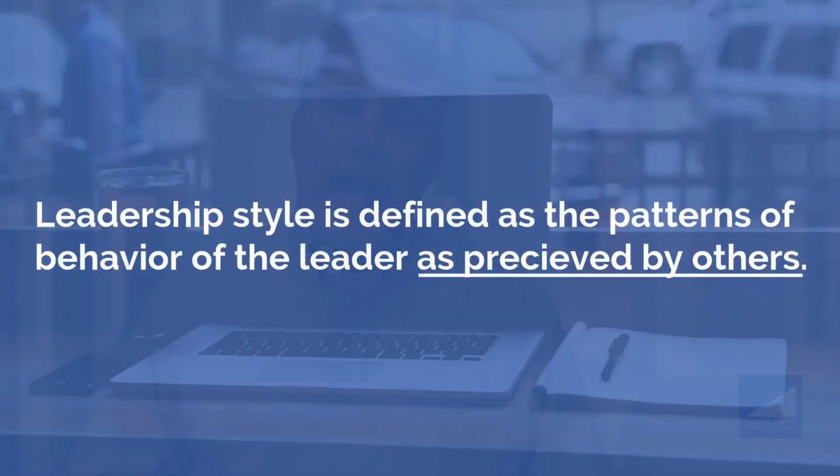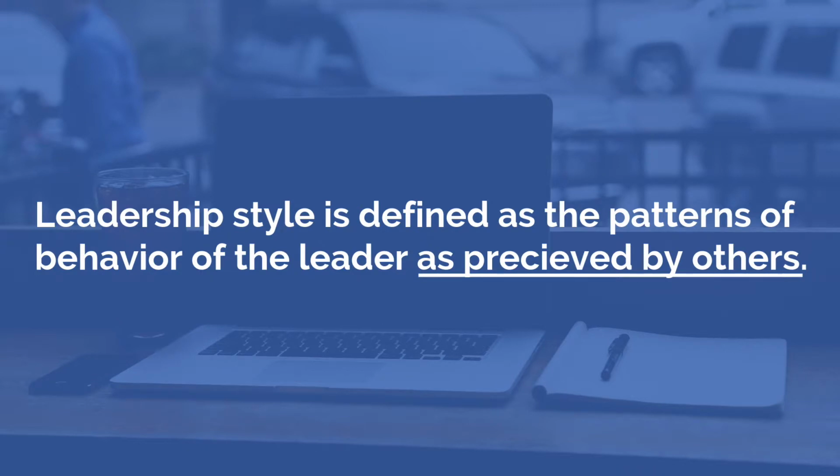Now, leadership style is very important, and in this session, I want you to start thinking about what your leadership style is. And in the next session, we're going to dig into it a little deeper. Leadership style is defined as the patterns of behavior as perceived by others.